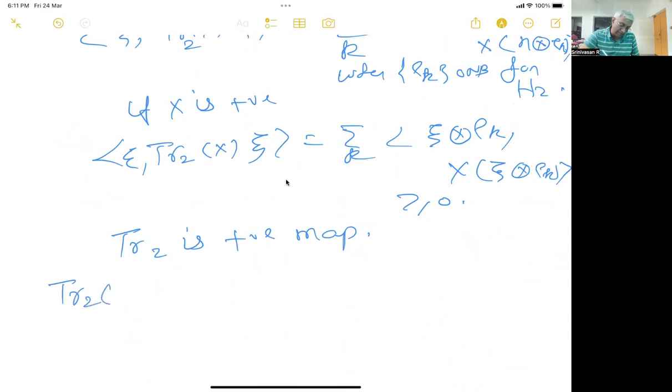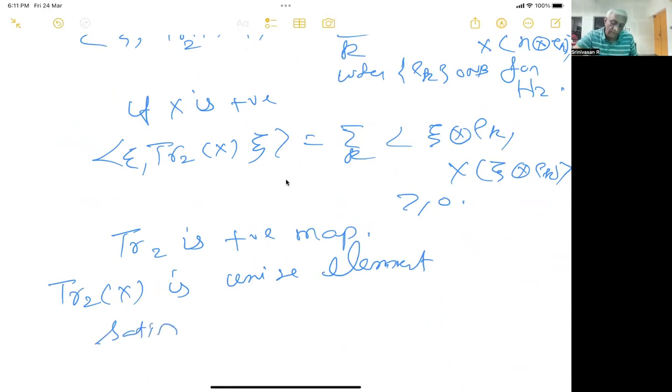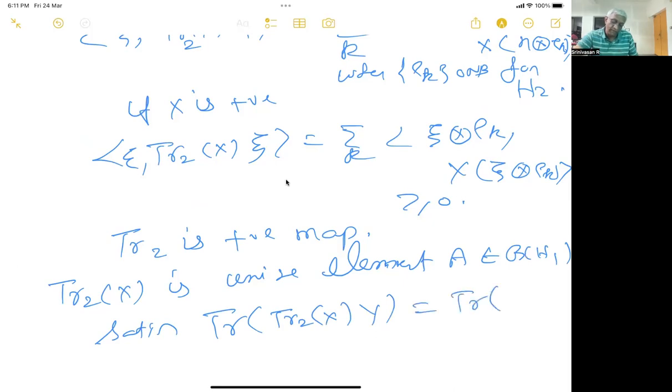It is the unique element A in B of H1 such that trace, our usual trace, of trace 2 of X times Y is equal to trace of X times Y tensor 1. Correct? We have defined it like that.